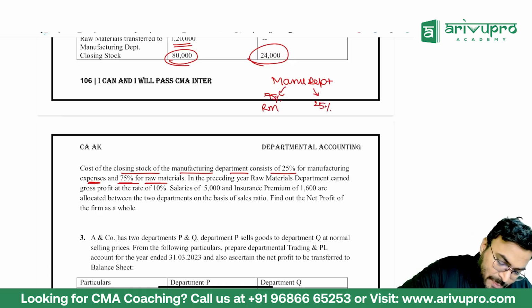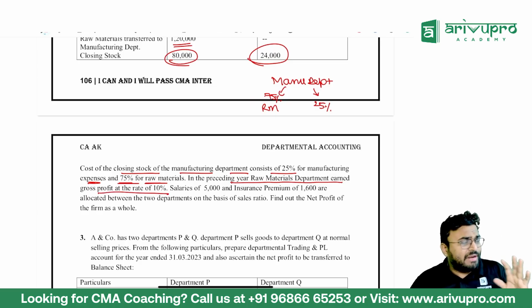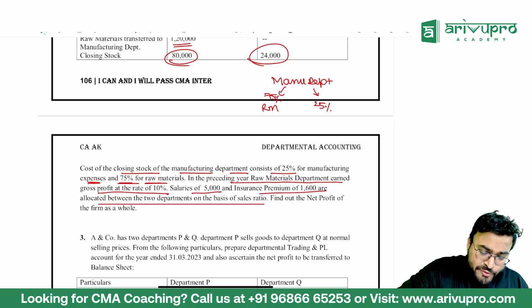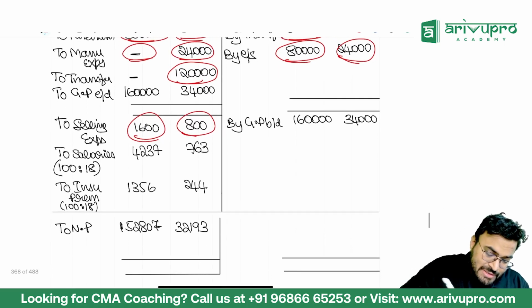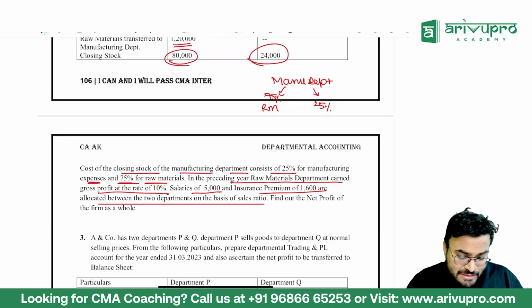In the preceding year, the raw material department earned a gross profit of 10%. Last year, they earned a gross profit of 10%. Salary of 5,000 and insurance premium of 1,600 are allocated between 2 departments in the ratio of sales. So we have to put the salary and insurance on the basis of sales.